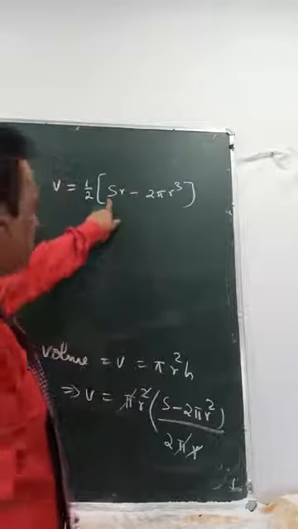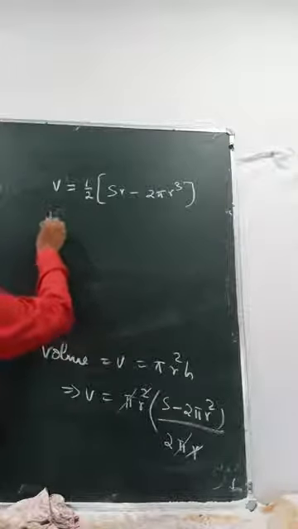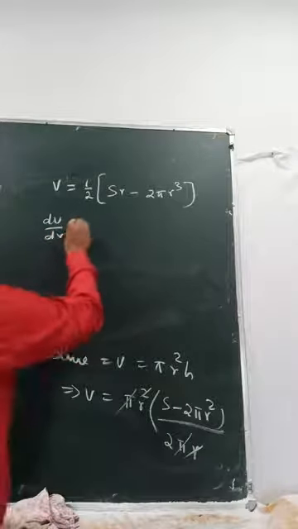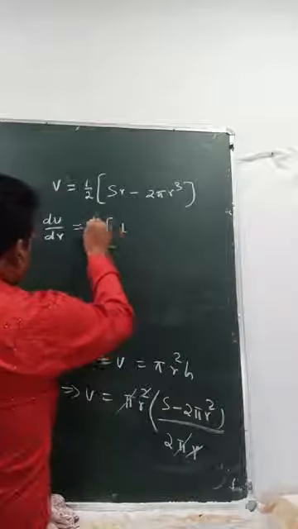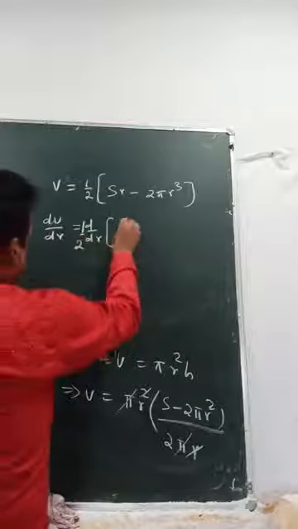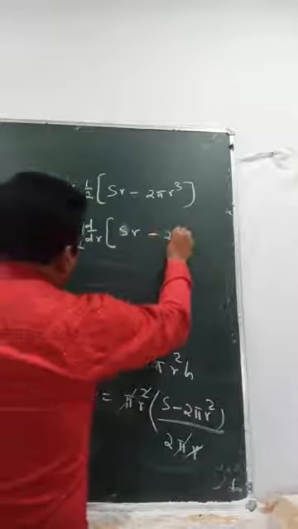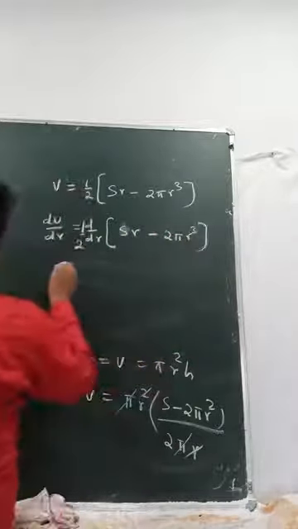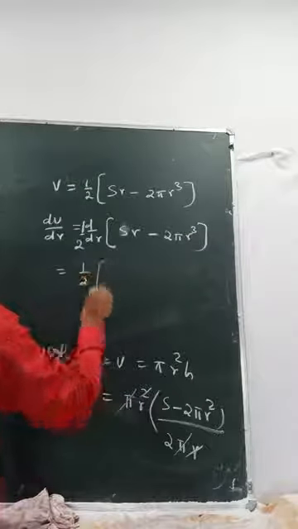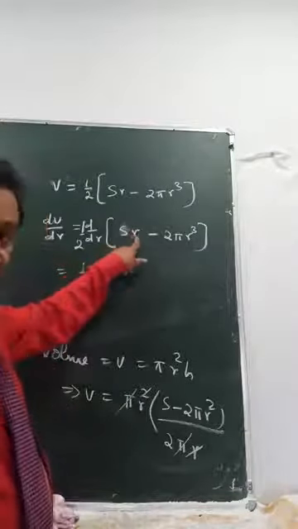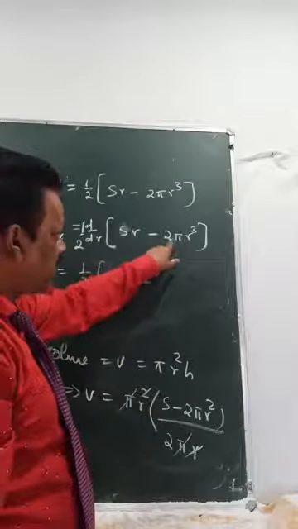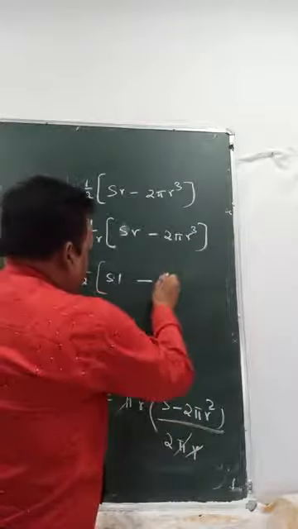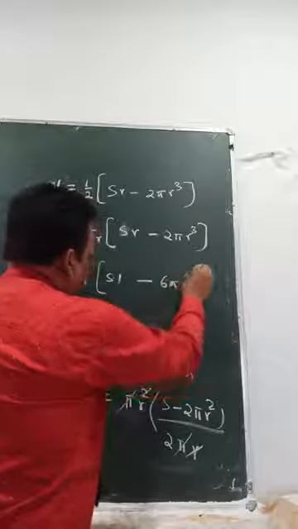S is constant. So you find dV by dr. That is d by dr of half times S r minus 2 pi r cube. Look at the derivative. Derivative of r is 1, S is constant, so S into 1, minus 2 pi constant, r cube gives 3r square, so 6 pi r square.